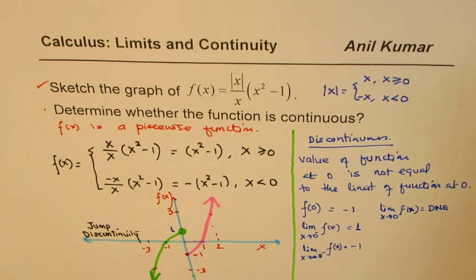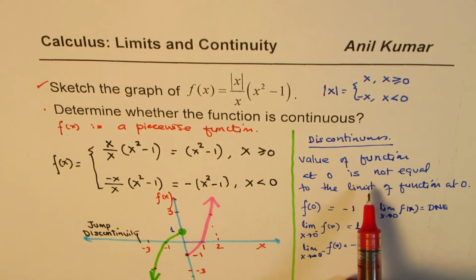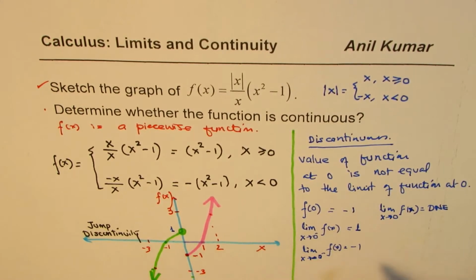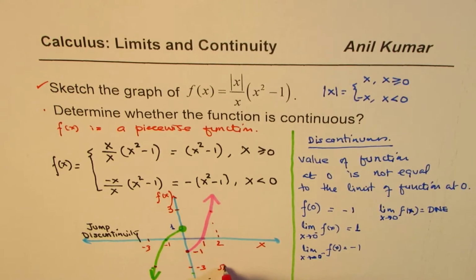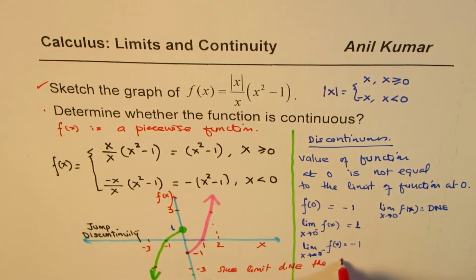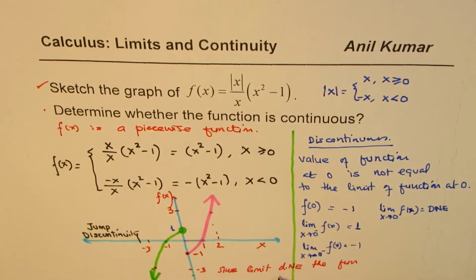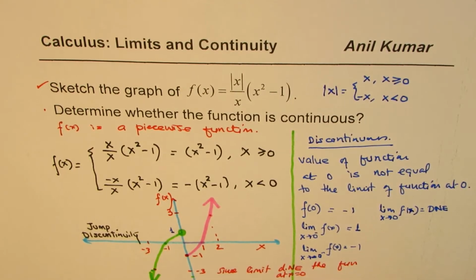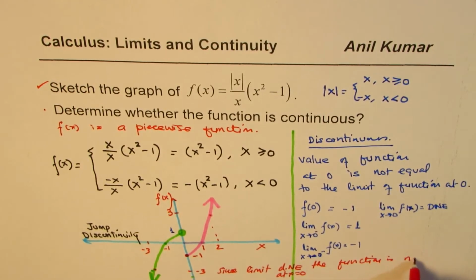That's the first part. But anyway, we explain the second point also, because there could be a situation where the limit may exist and the function may not be continuous, right? So in this particular case, since the limit does not exist, the function is not continuous at x equals 0, right?